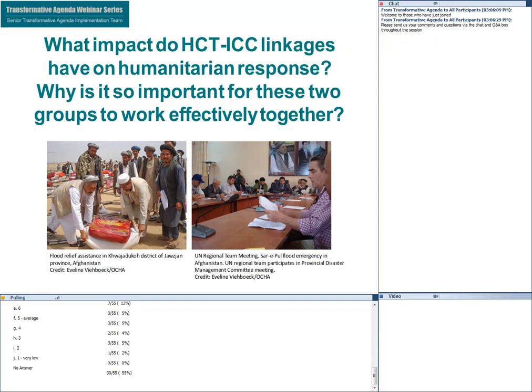Thanks, Laurie. First, I'd just like to say that when the linkages break down between them, I think one of the major problems we've faced here is that the clusters and the HCT function at a far lower level, that they basically become information sharing tools rather than actually, in the case of the clusters, fulfilling their role in standard setting or setting a direction for the work of the clusters.